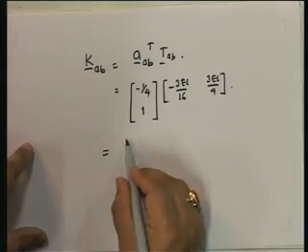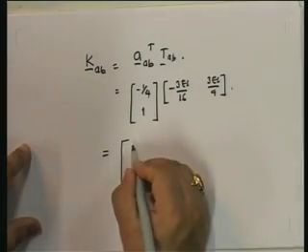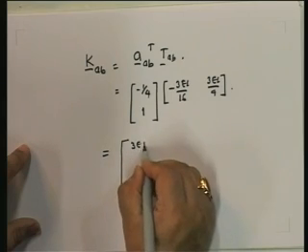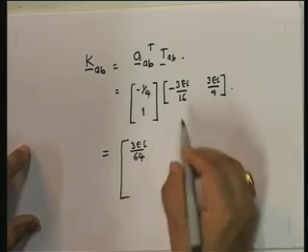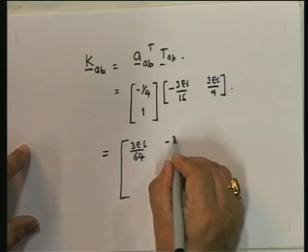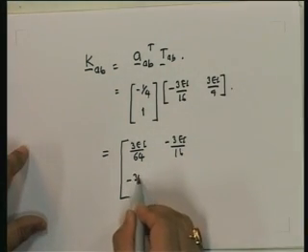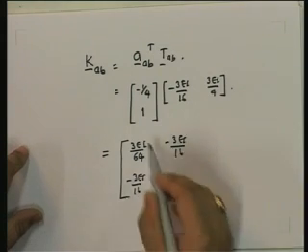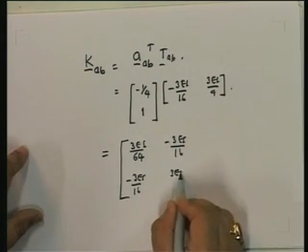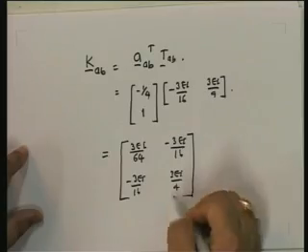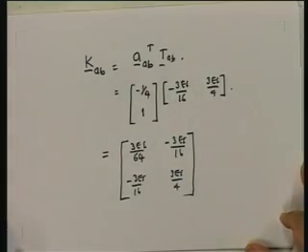So this way you get 3EI by 64, this way minus 3EI by 16, here minus 3EI by 16, and this way 3EI by 4. So that gives the contribution of member AB to the structure stiffness matrix. We have evaluated the contribution of the member AB.